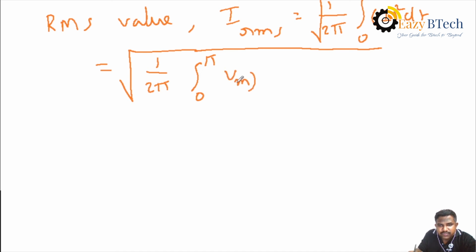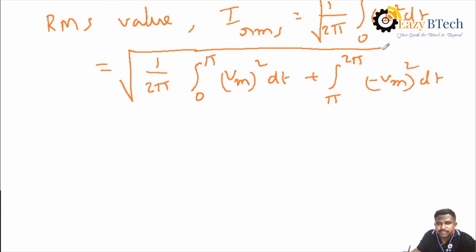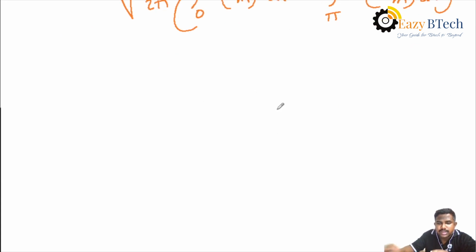That is Vm square, positive value. Similarly, from pi to 2 pi, the value is minus Vm, that is a positive value, Vm whole square. In this way, you have to write down the equation for the RMS value of the square waveform.